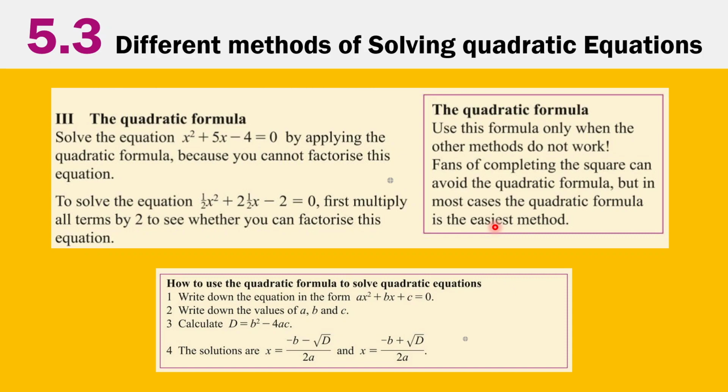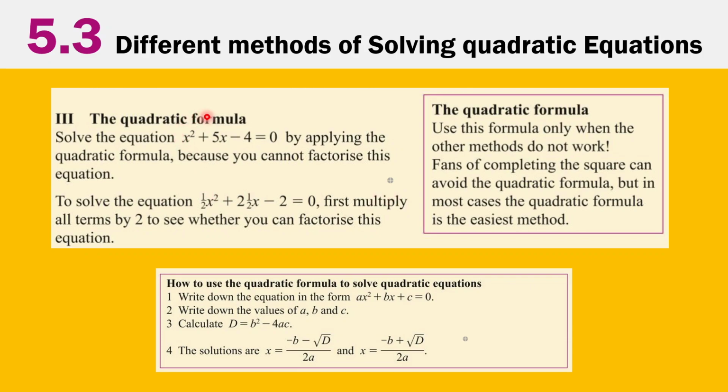If you still want to use that, that's fine. That's an okay way. I see most people now abandoning completing the square for solving quadratic equations and instead using the quadratic formula. So that's why that is not going to be rehearsed in this chapter.